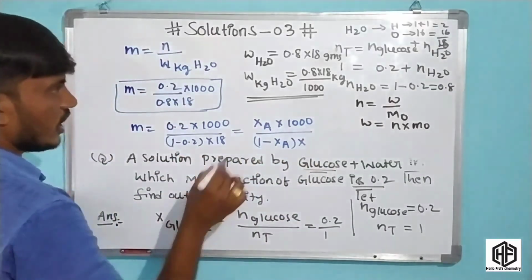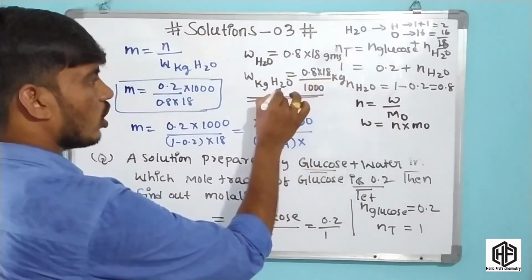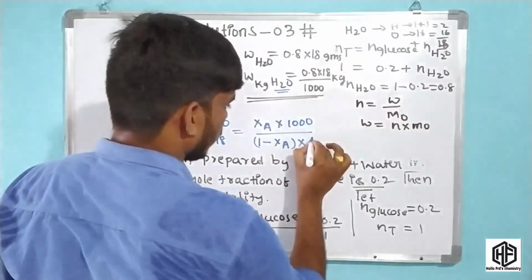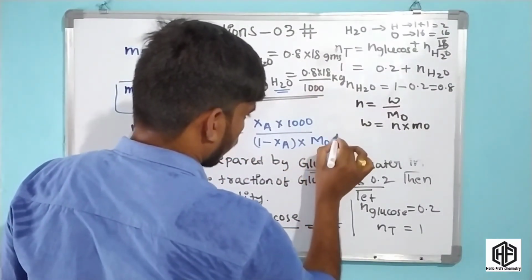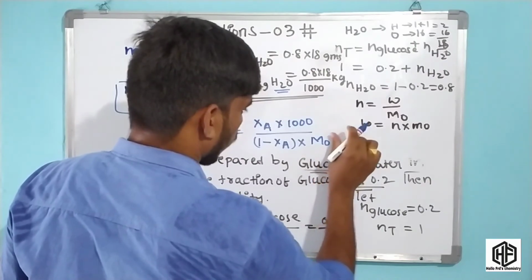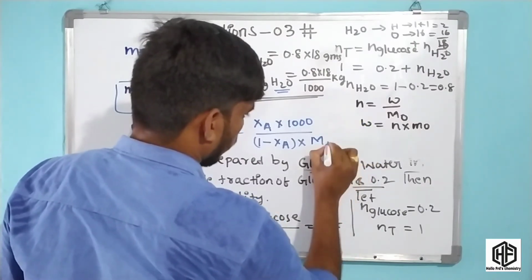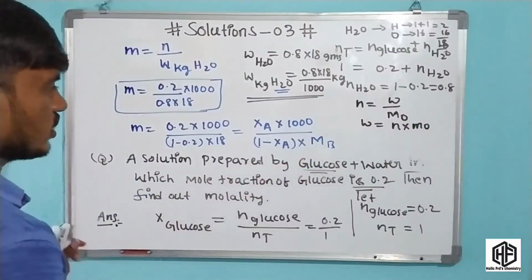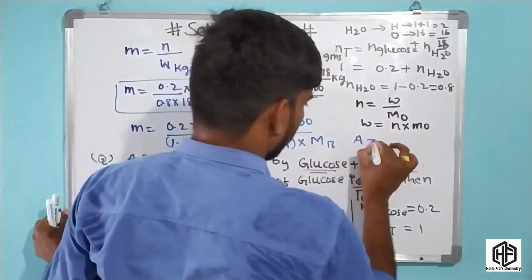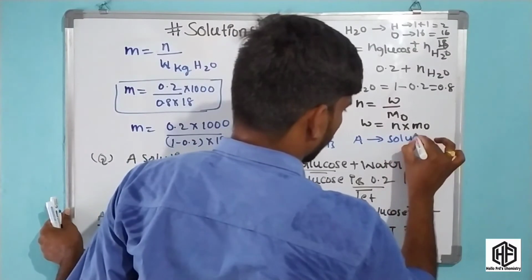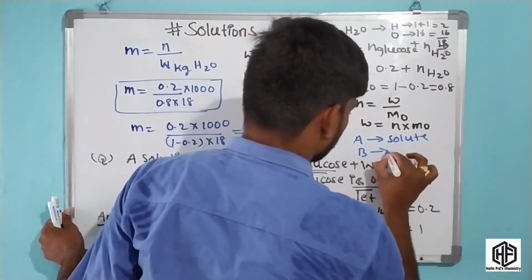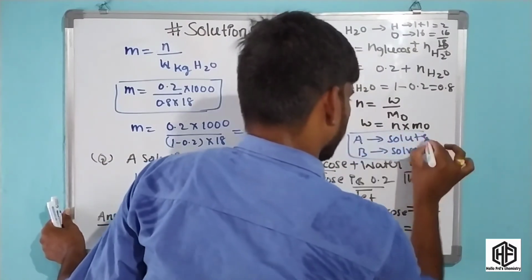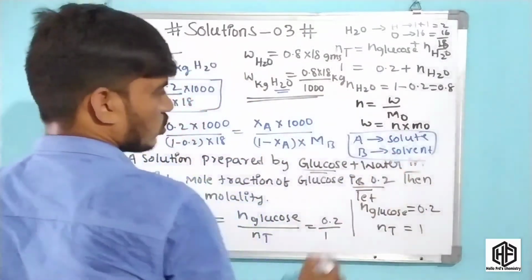What is 18? 18 is the molecular mass of water, the solvent, which I represent as M B. Here A is called the solute and B is called the solvent.